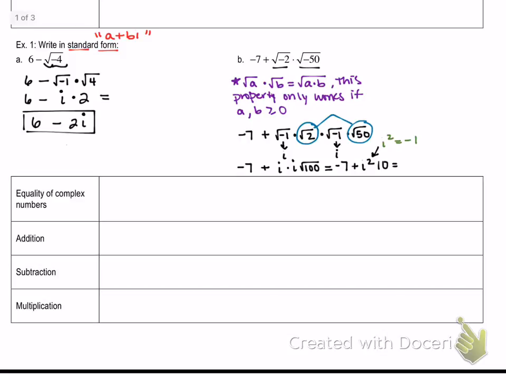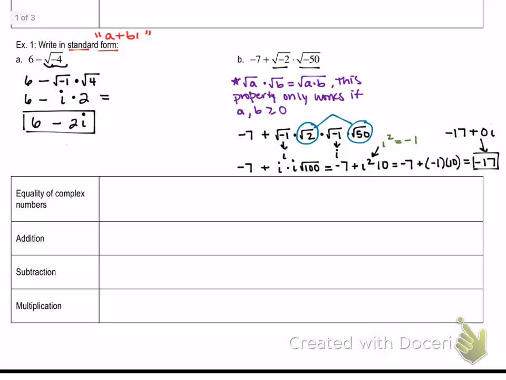So this is going to be negative 7 plus negative 1 times 10, which essentially is negative 7 minus 10, and so this simplifies to negative 17. And if I wanted to write this in a plus bi format, it would be negative 17 plus 0i. So notice that my i dropped out, it's no longer there. So this actually simplifies to a real number without the imaginary unit in it.